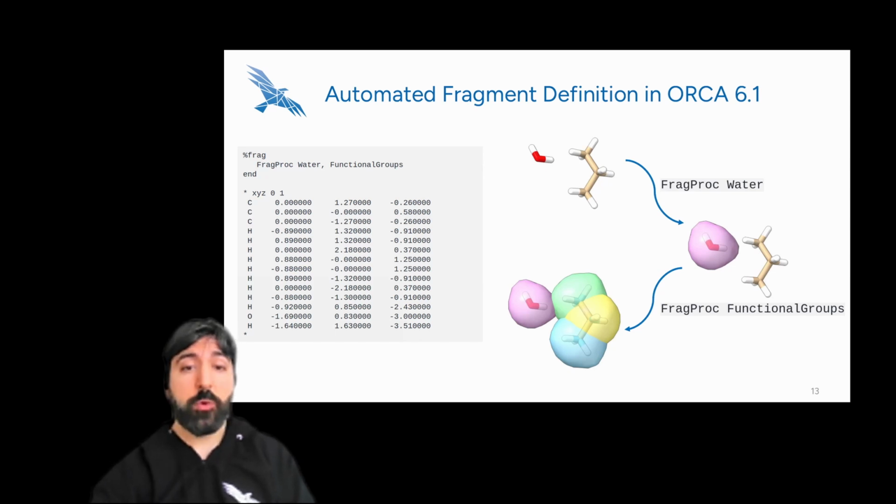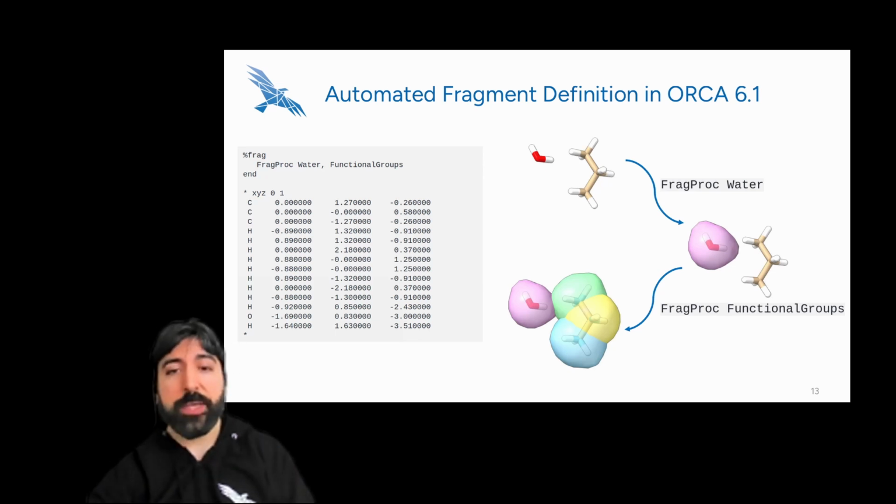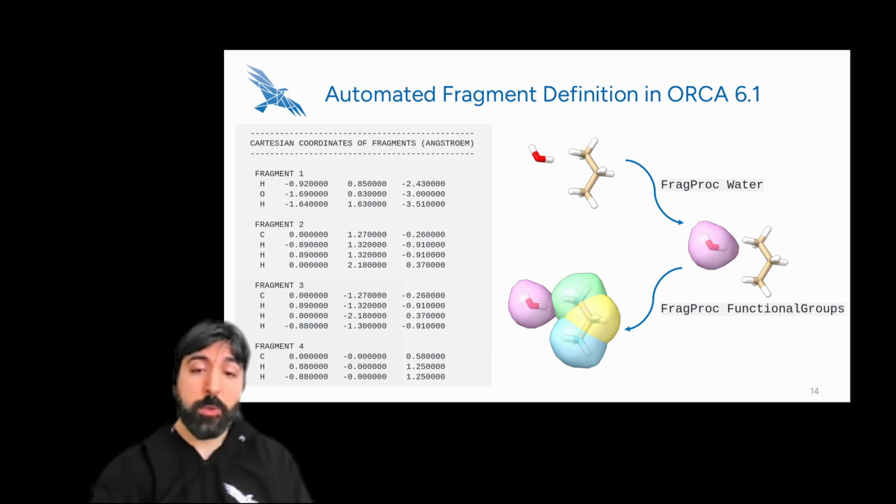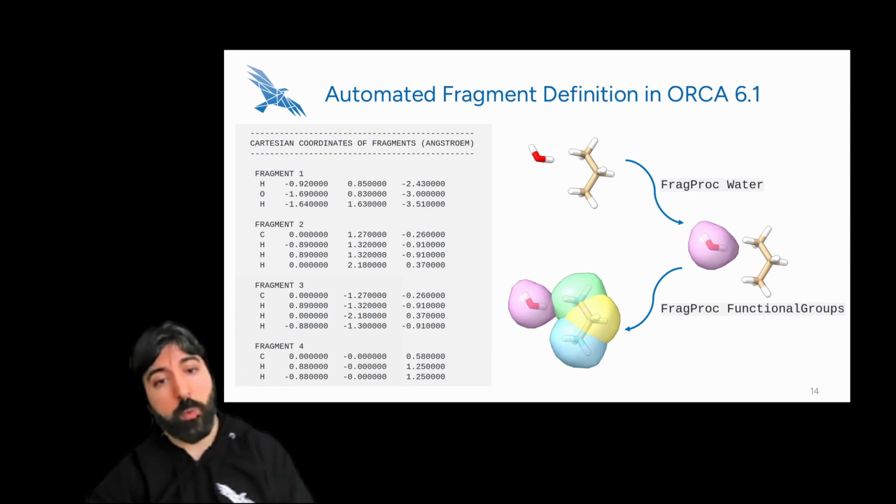Then, the functional group procedure recognizes and assigns several organic groups, in this case 2 methyl groups and 1 methylene group, splitting the propane molecule into 3 fragments, resulting in 4 fragments: 1 water molecule, 2 methyls, and 1 methylene group.